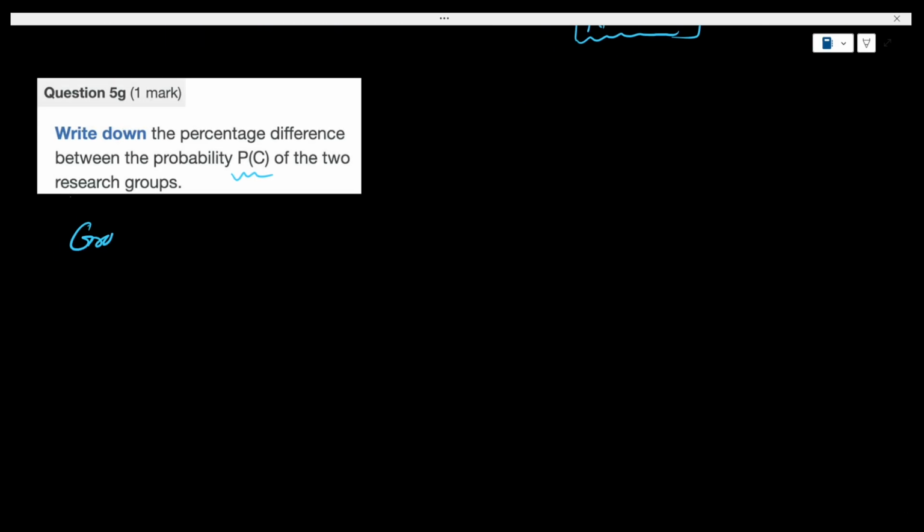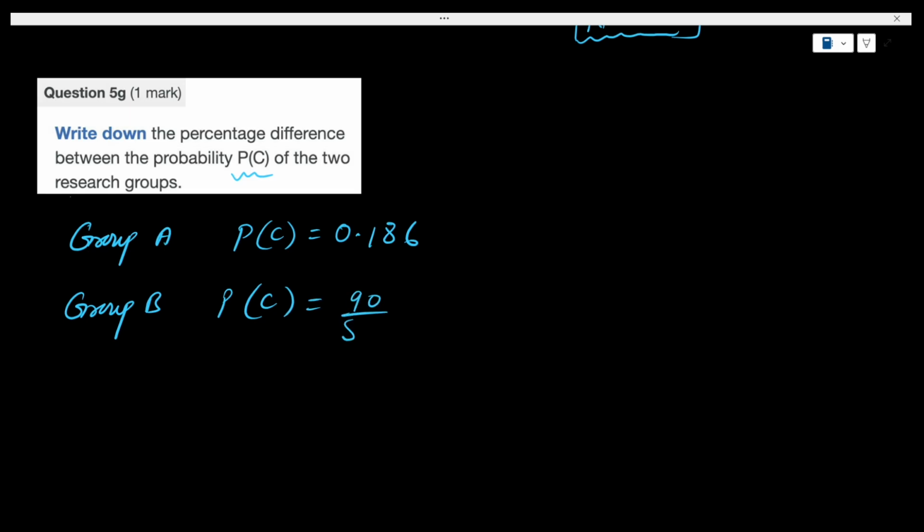So for group A, probability of C is 0.186, and group B, probability of people having red hair is 90 out of 800. Converting to percentage, 0.186 times 100 is 18.6%, because whenever we convert to percentage, we multiply by 100.